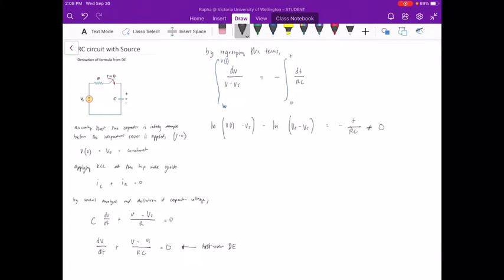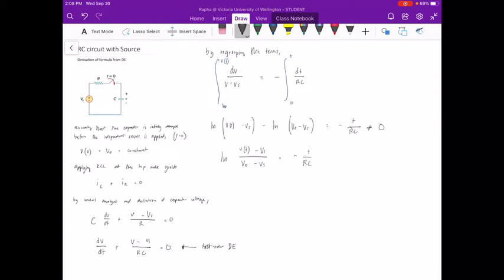Or we can rearrange this a little bit: ln of (V(t) minus Vs) over (V0 minus Vs) is equal to negative t over RC.